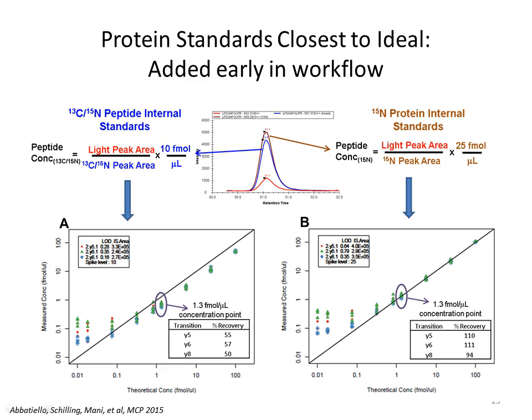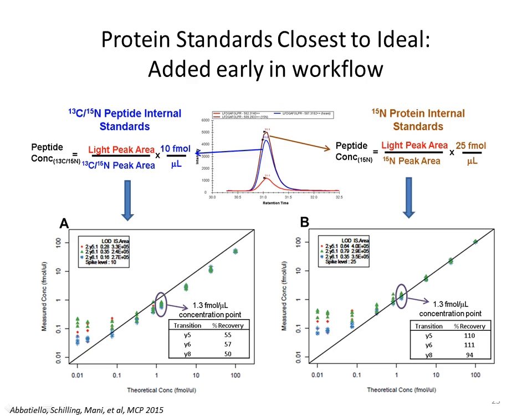If we pick one of those data points and calculate how much is actually present based on the light to heavy peak area ratio and how much we spiked, this is a 1.3 femtomole concentration point. We're calculating it's actually present at about 50% recovery from the light protein that was in the sample.